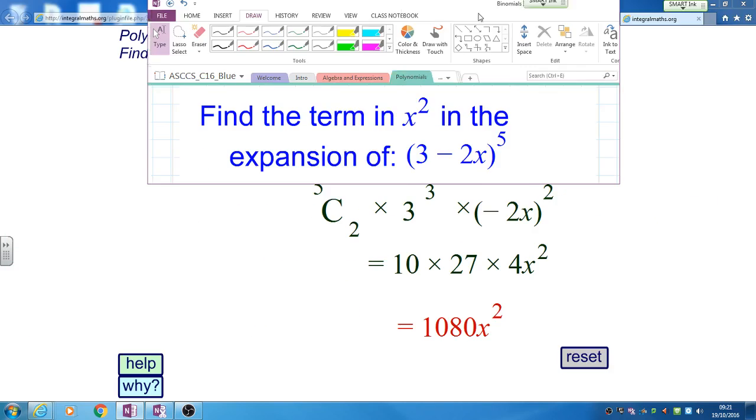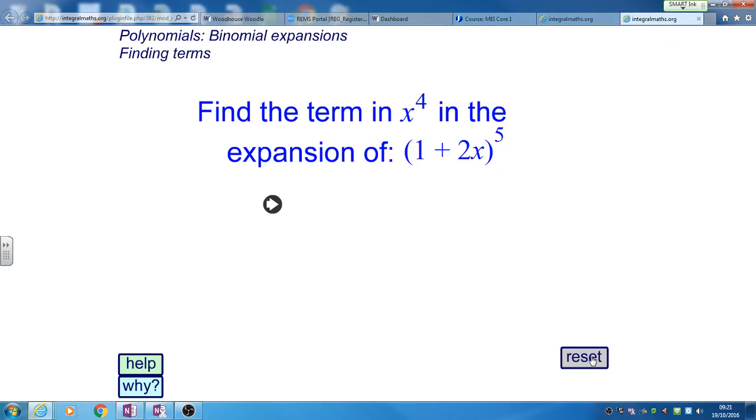Alright, let's have a go at doing one. So I'm going to reset this. Can you work out the x4 expansion in this?